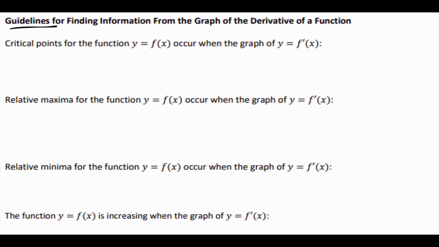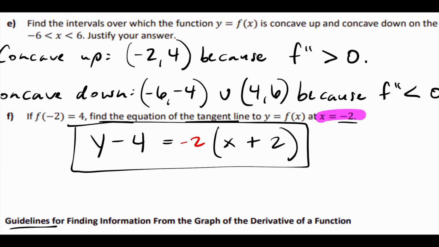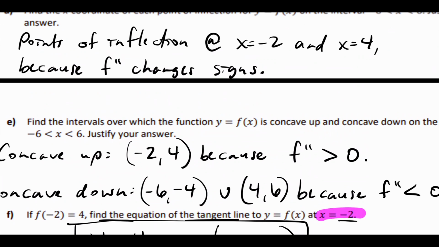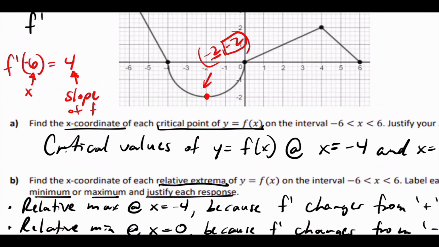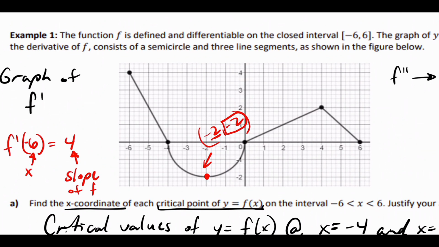So if you're looking for a critical value for f, and they give you a graph of f prime, what are we looking for? Not the justification. Justification is different. What are we looking for on this graph? That was the very first question we did, right? What were we looking for to give our answer to A?